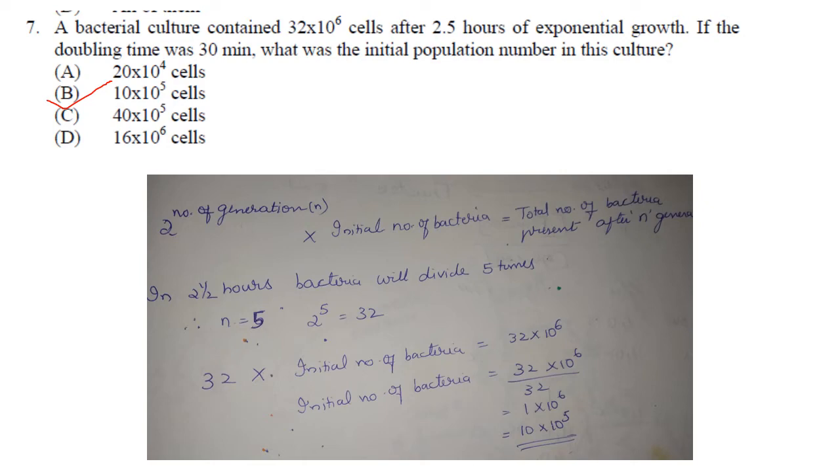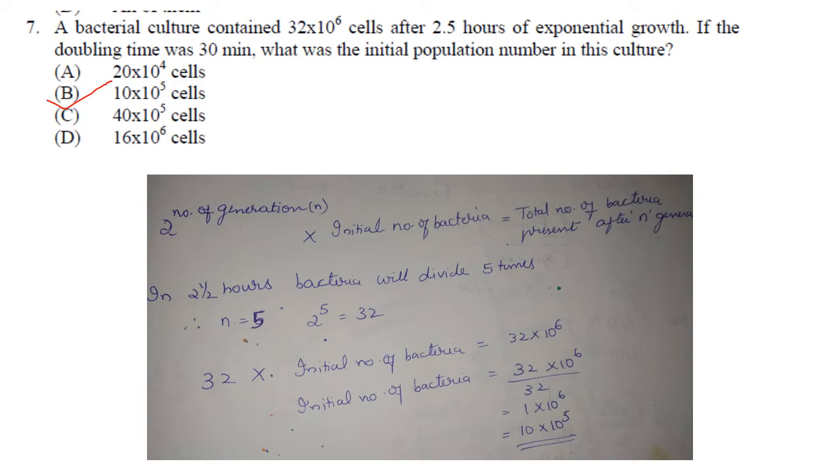Next one. A bacterial culture contained 32 into 10 raised to 6 cells after 2.5 hours of exponential growth. If the doubling time was 30 minutes, what was the initial population number in this culture?